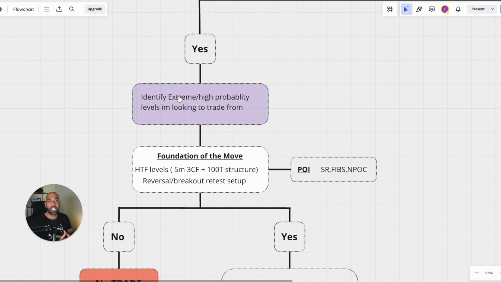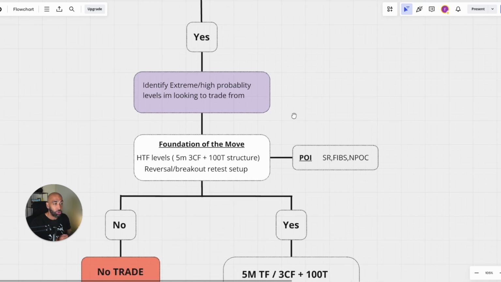But for me, it's just simple SR levels with a Fibonacci level, maybe at the previous daily high or the previous daily low, or the Asia high or the Asia low, which is normally internal, but we may have liquidity there. So can I identify high probability levels that I'm looking for to trade?